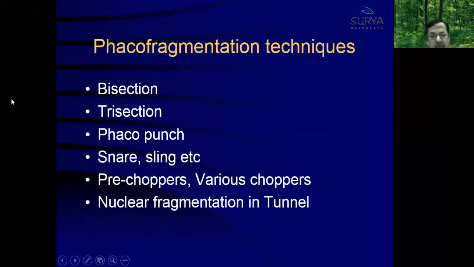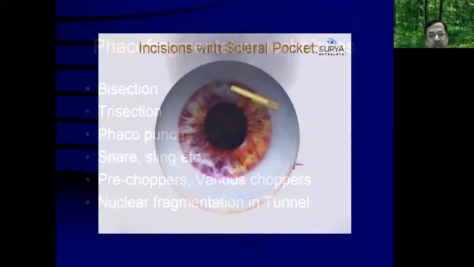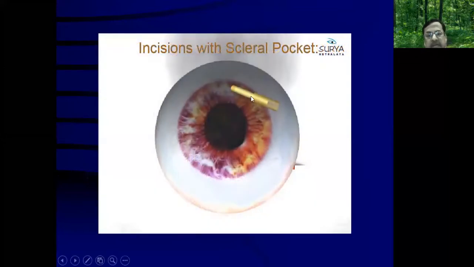Though it is not the most popular, it may not be a very common technique because it requires the use of the antechamber maintainer, and still many people are not very comfortable with it. The antechamber maintainer, like I told in my last talk, is a small cannula connected to the BSS bottle, the balanced salt solution, at a height of say 60 centimeters. So there is continuous fluid input inside the eye and the eyeball is pressurized.